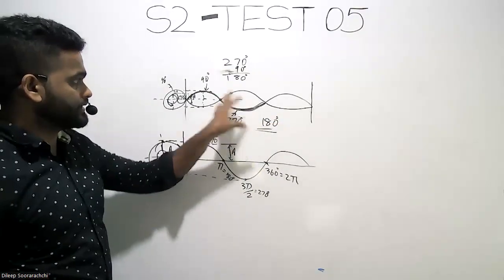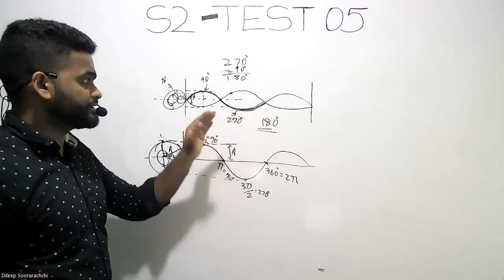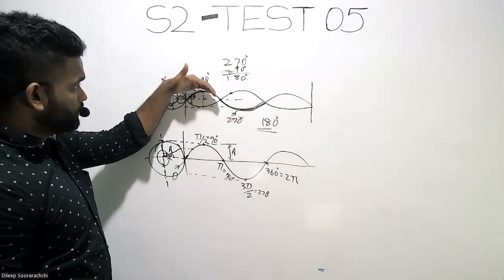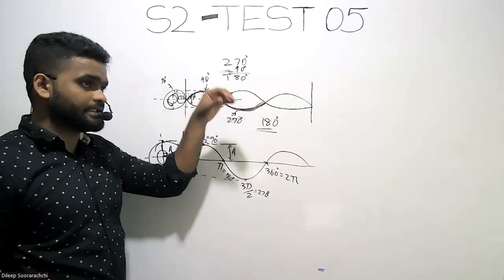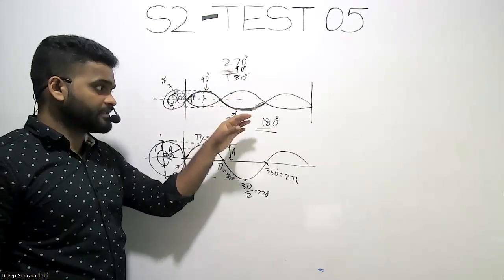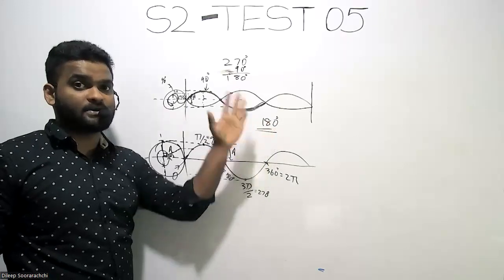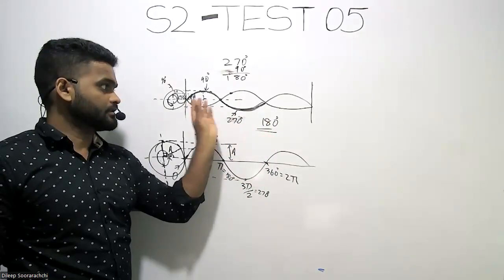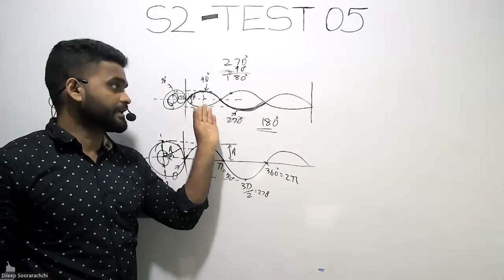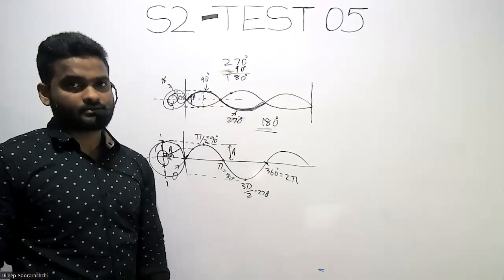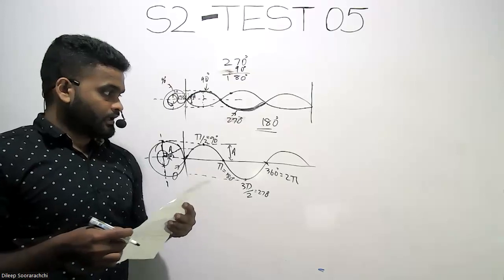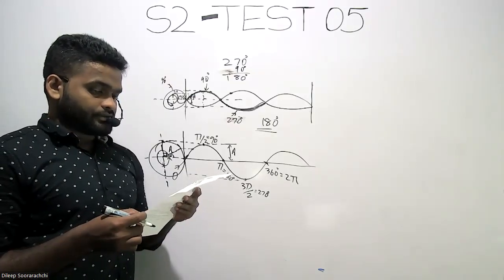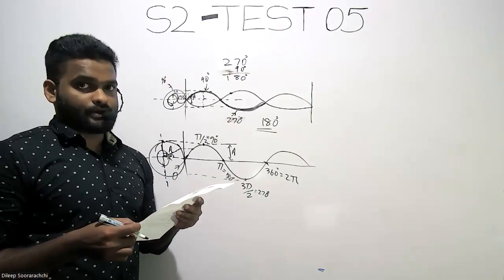They are always in opposite phase. Okay, so the phase difference is always 180. The answer should be the fifth one for the third question.